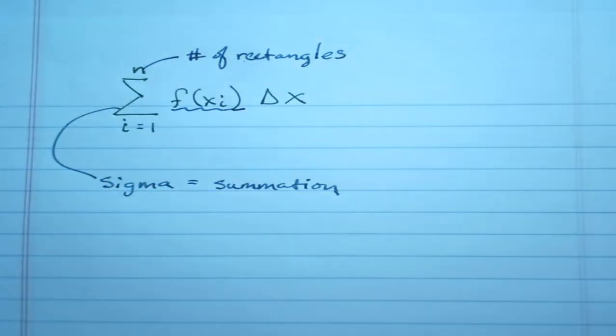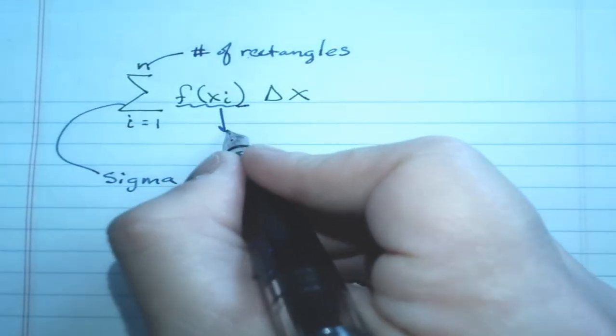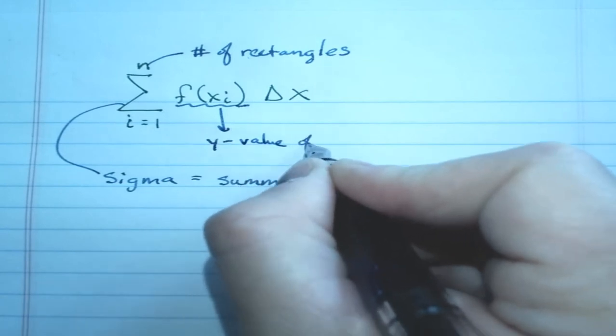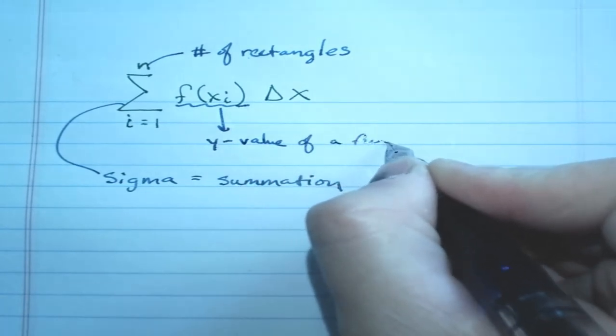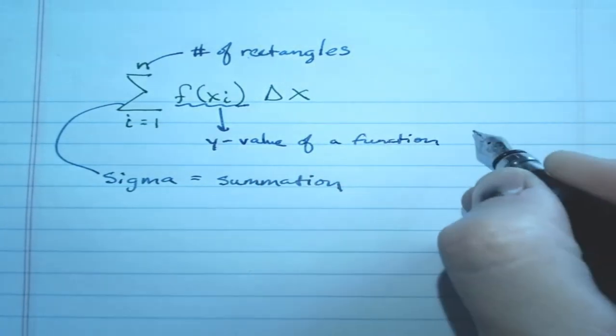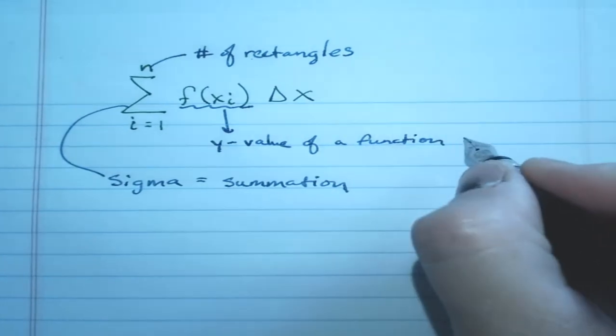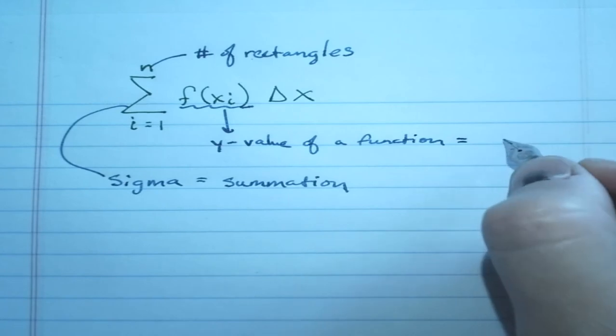Now this, you got to remember from algebra, f of x is simply the y value of a function. Okay? So this is the y value of a function, which in our case, if you look at our pictures, is equal to what?